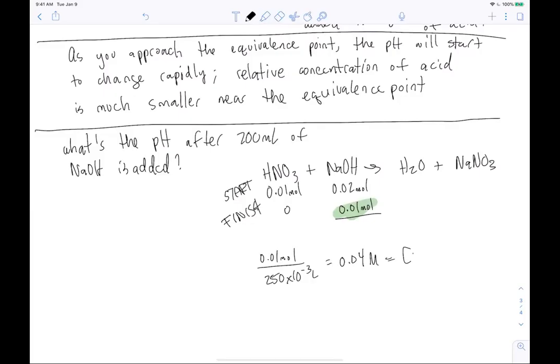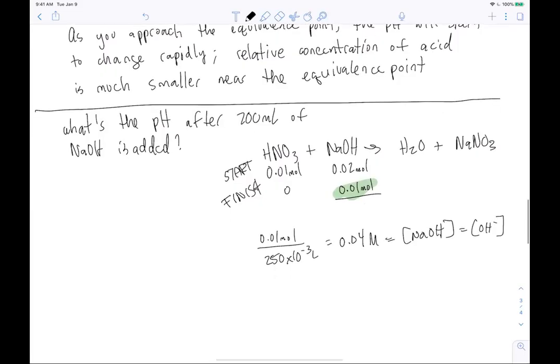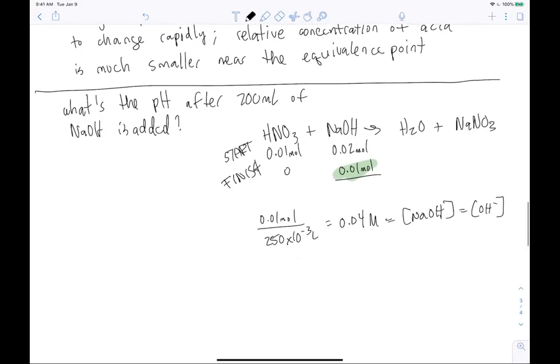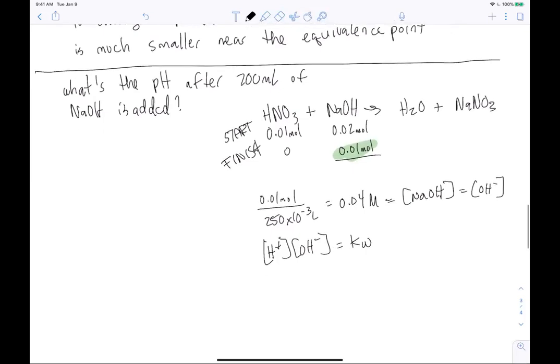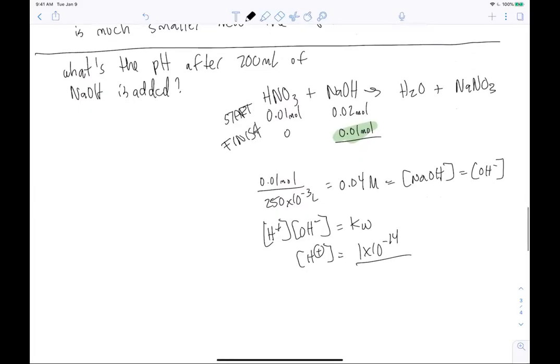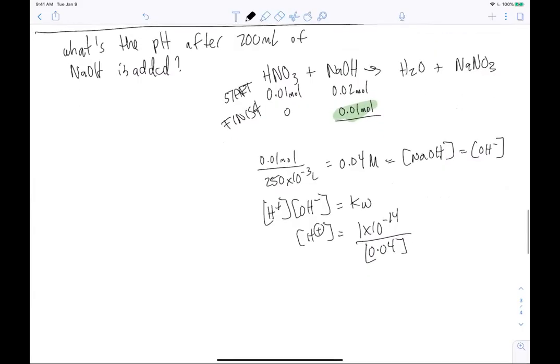So this is equal to our sodium hydroxide concentration, which of course is equal to the hydroxide concentration. What we want to get is the proton concentration. There are a couple of ways to do that, but one way is to take this relationship here. You've just calculated the hydroxide concentration, so you need to back it out into proton concentration.